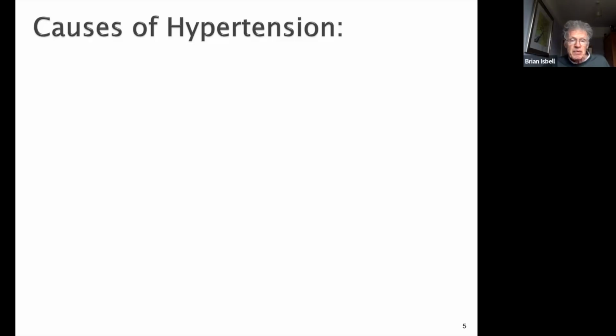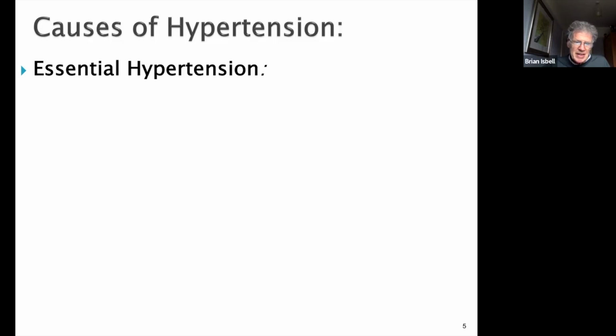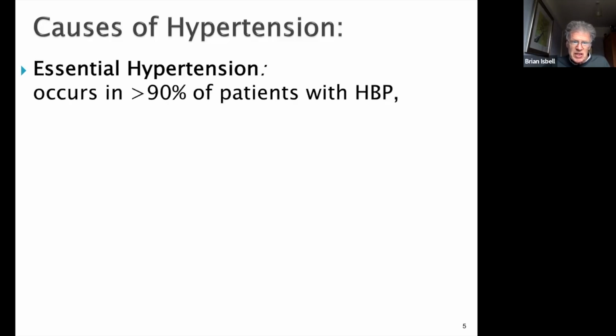There's a number of different causes. The first one is the most surprising, really. It's called essential hypertension. And essential, it occurs in over 90% of patients with high blood pressure.